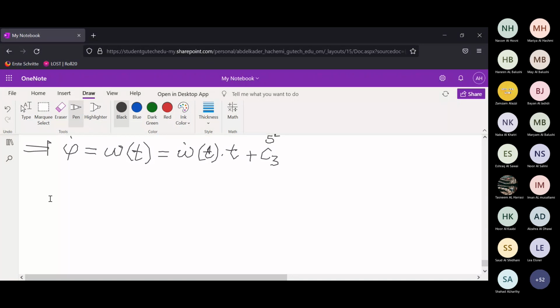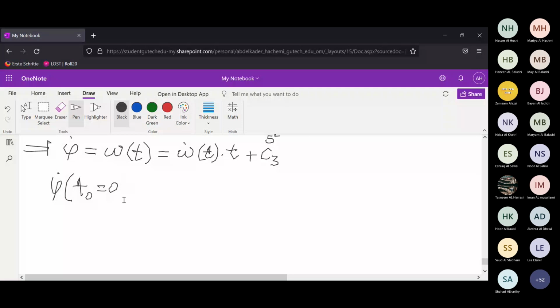What we have as initial condition is phi dot at time t0 equal to 0.